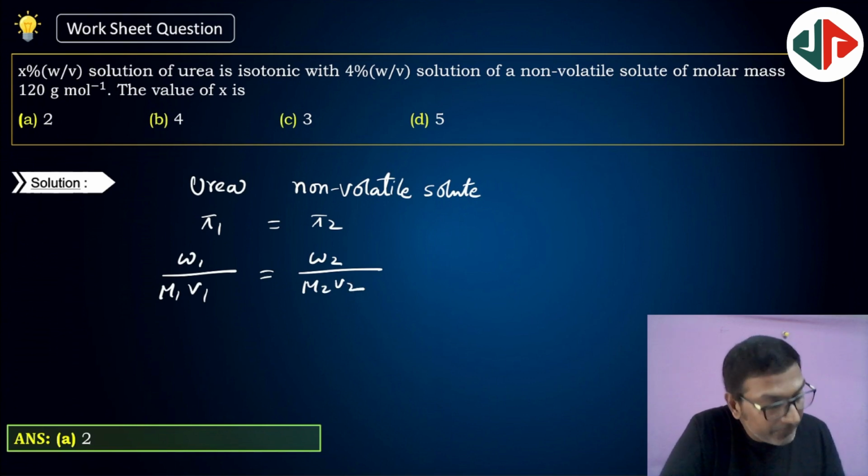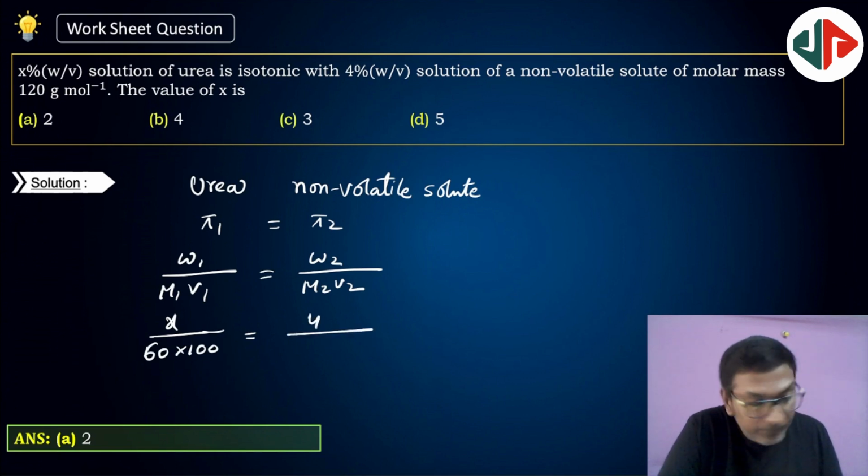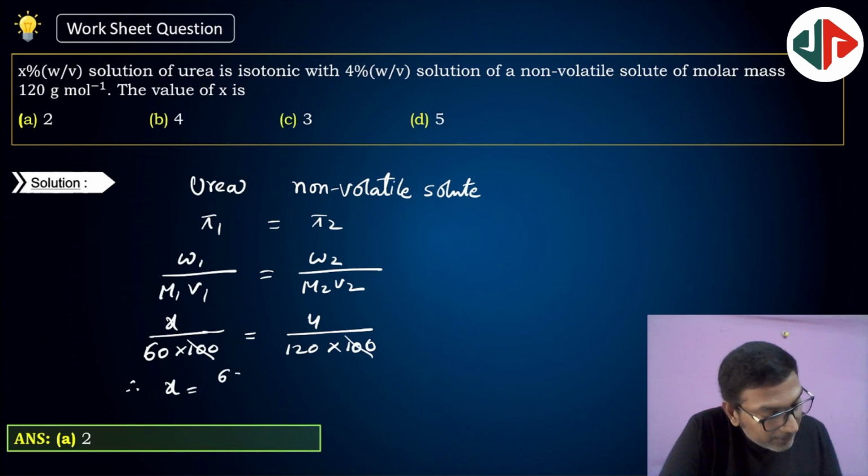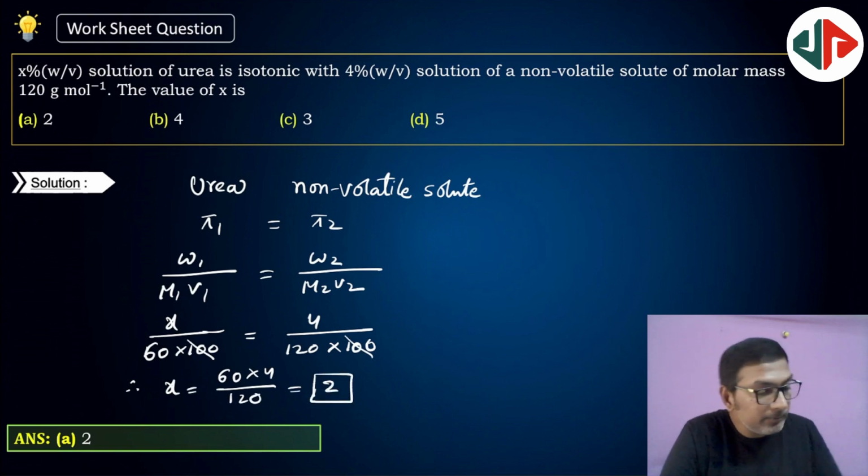Here X by molecular weight of urea 60 into 100 equals 4 by molecular weight 120 into volume 100. The 100 cancels. Therefore X equals 60 into 4 by 120, which is equal to 2. Option A.